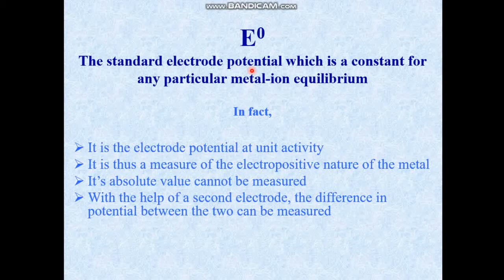That means the metal which has greater tendency to lose the electron or release the electron has a higher value of electrode potential. And if it is taking place at STP and at unit activity of its corresponding solution, then that redox potential becomes the standard redox potential or standard electrode potential, and its absolute value cannot be measured.